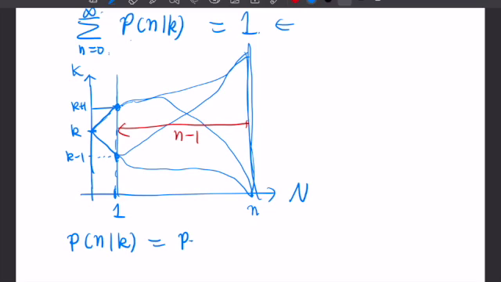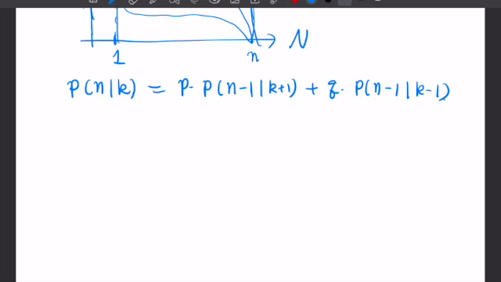So after winning, the game will be terminated within n minus 1 plays, given k plus $1. Or Alice loses the first play and the game ends within the next n minus 1 plays, given k minus $1. Okay, so this is another application of the partition theorem.